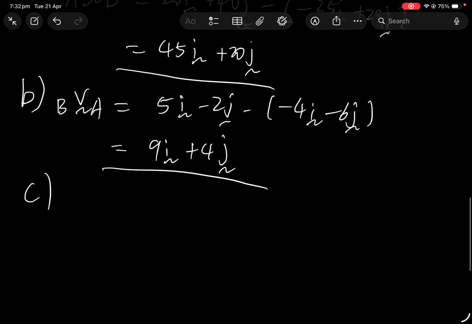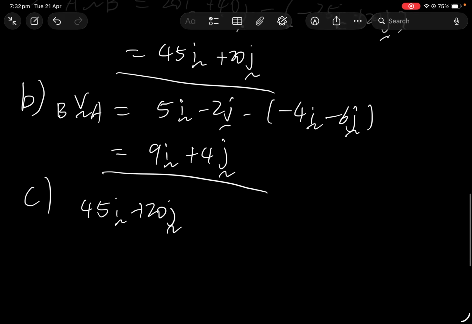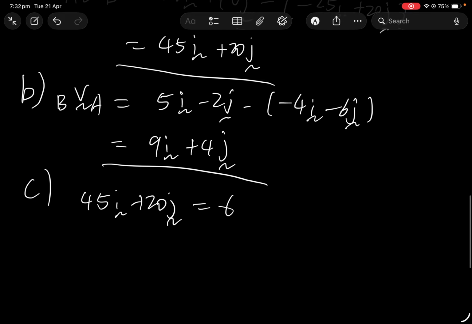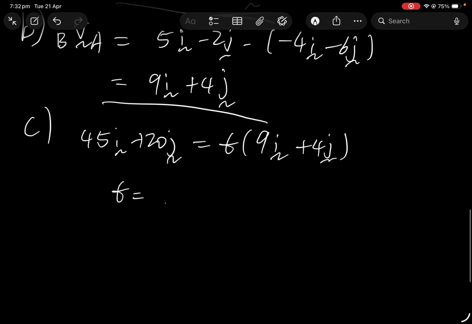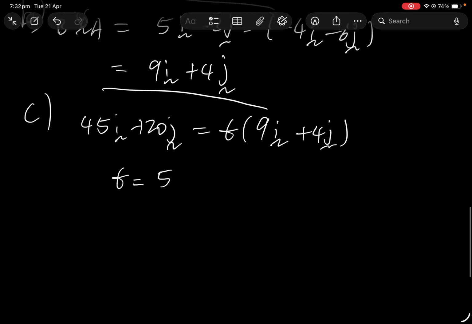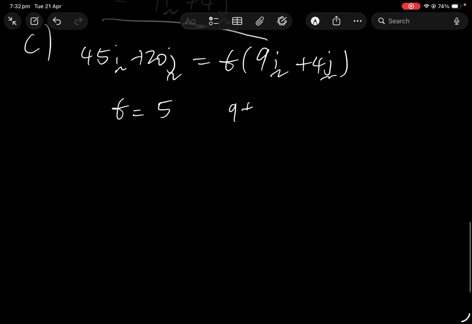So we can write an equation like this, 20j, because we're still using B and A, equals time times plus 4j. And we can see that time will equal 5. So that is how long it took after 9 o'clock. So it'll be 9 plus 5, which equals 14.